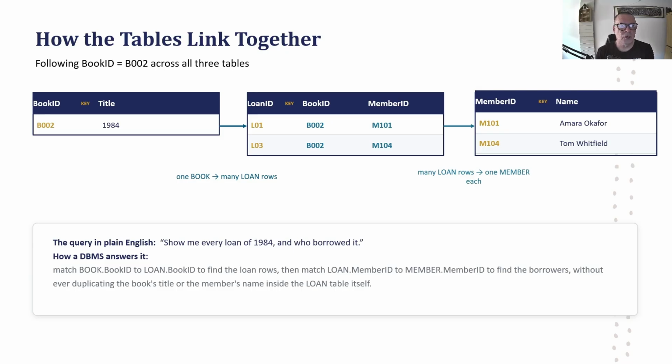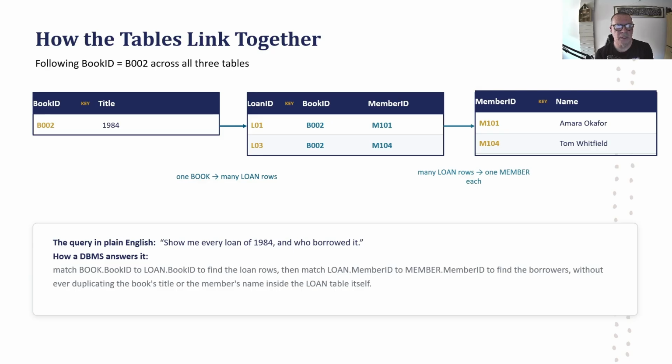If we wanted to query this database and find out information, we might say the equivalent of: show me every loan of 1984 and who borrowed it. So show me all the times that book was lent and who was borrowing it.